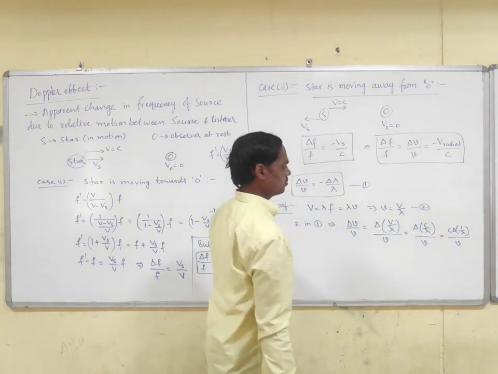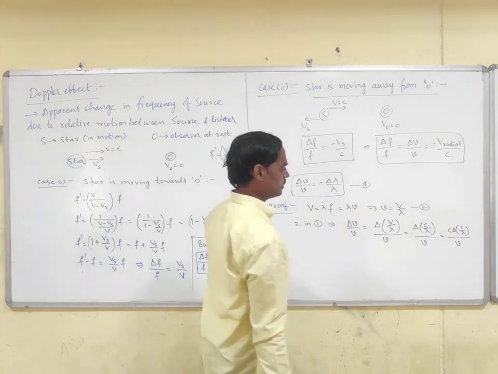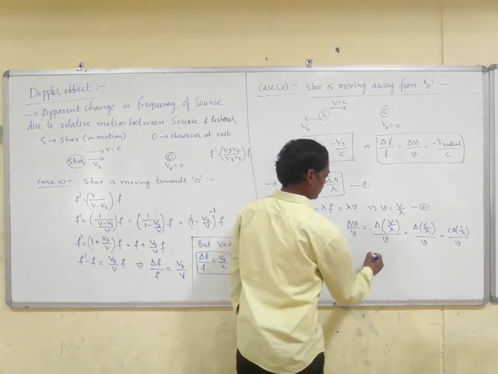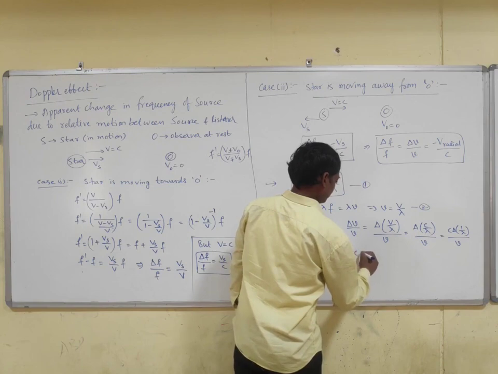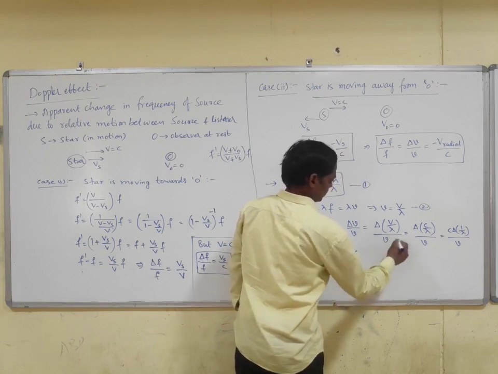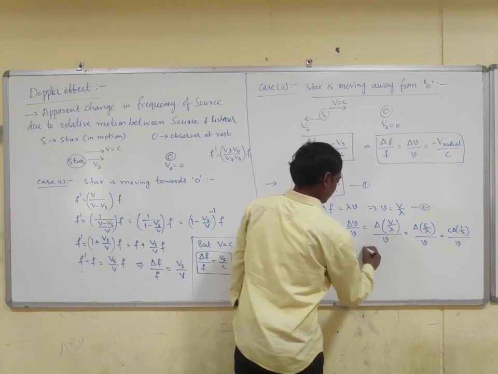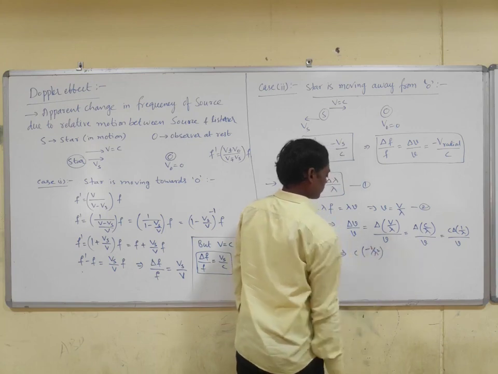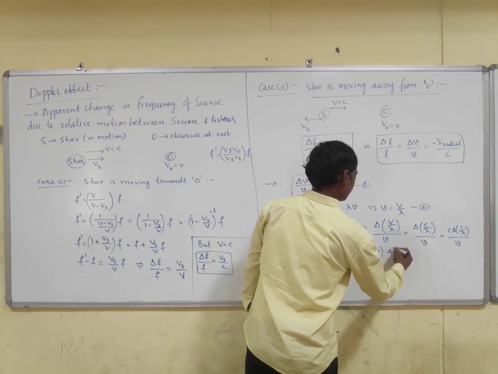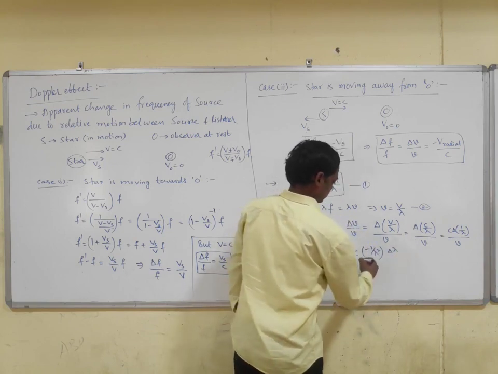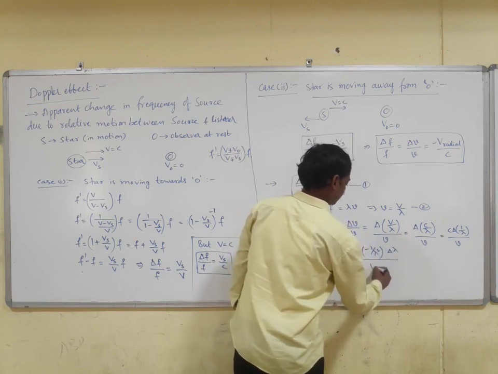The derivative of 1 by lambda is minus 1 by lambda square into delta lambda, divided by nu.